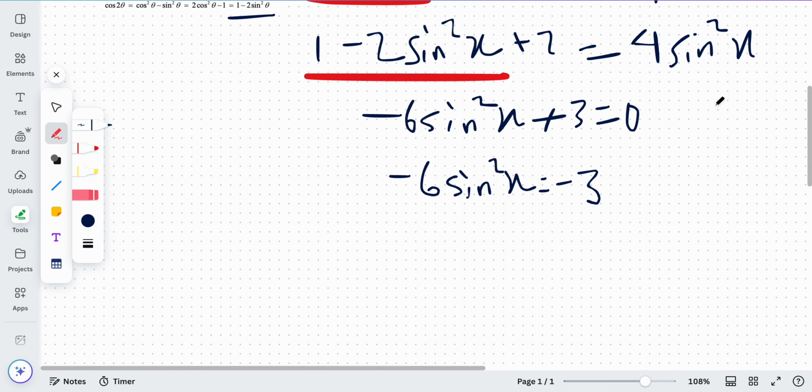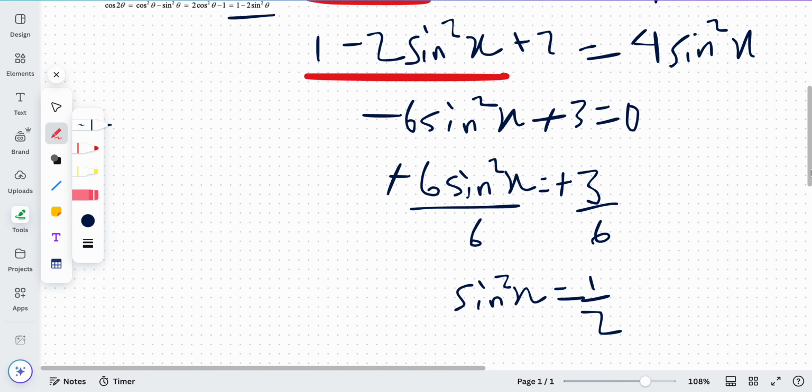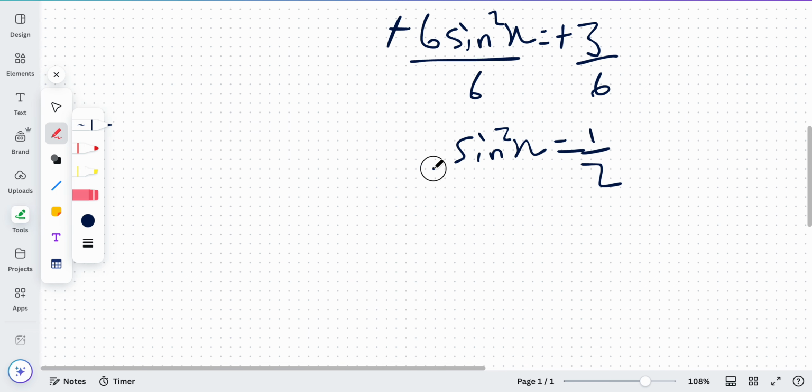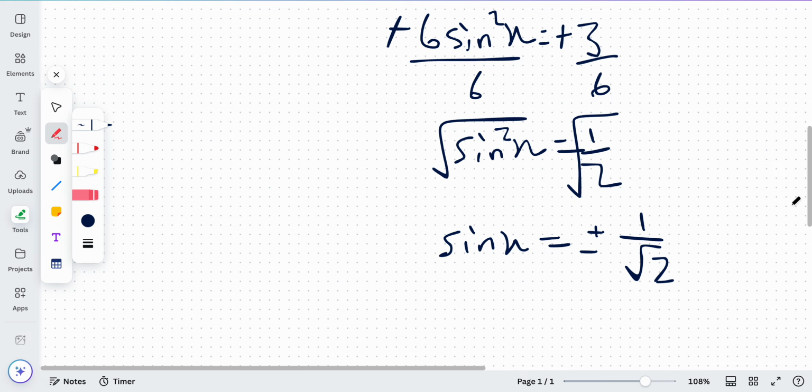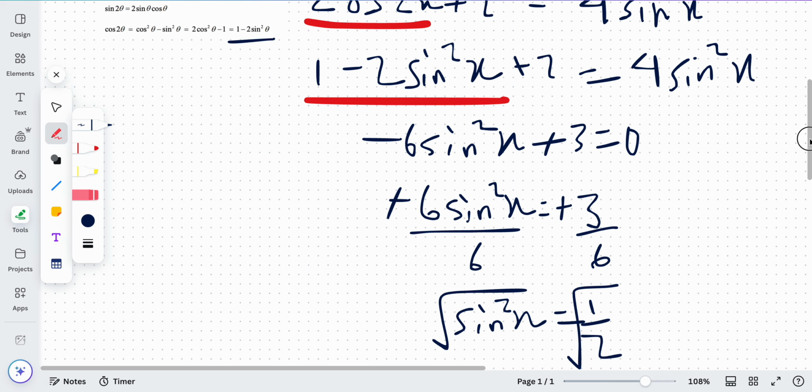Then you can divide both sides by 6, so you get sine squared x equals half. That's a nice ratio. Then we root both sides, and you get sine x equals plus or minus 1 over root 2.